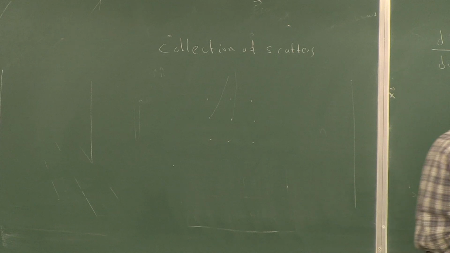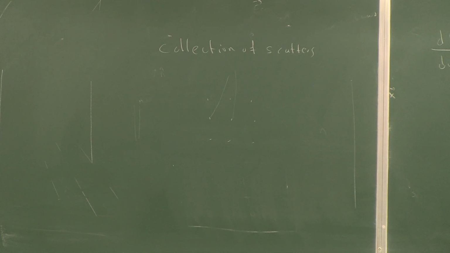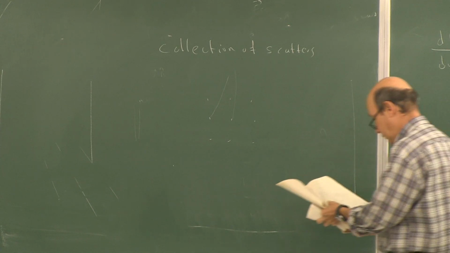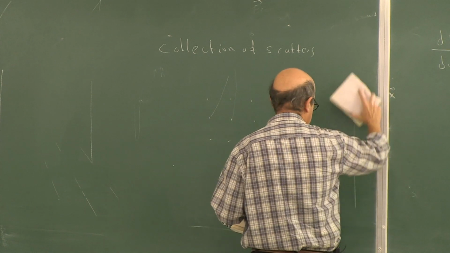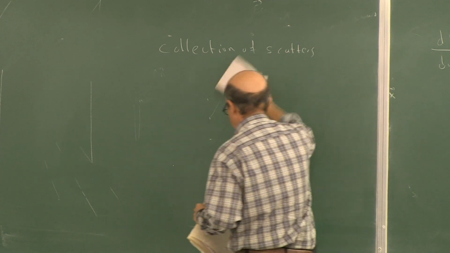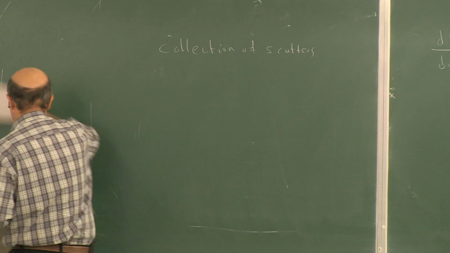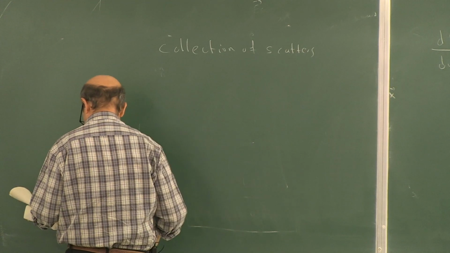But if they are all randomly oriented, the structure factor will be the number of scatterers. That is the case we are going to use.